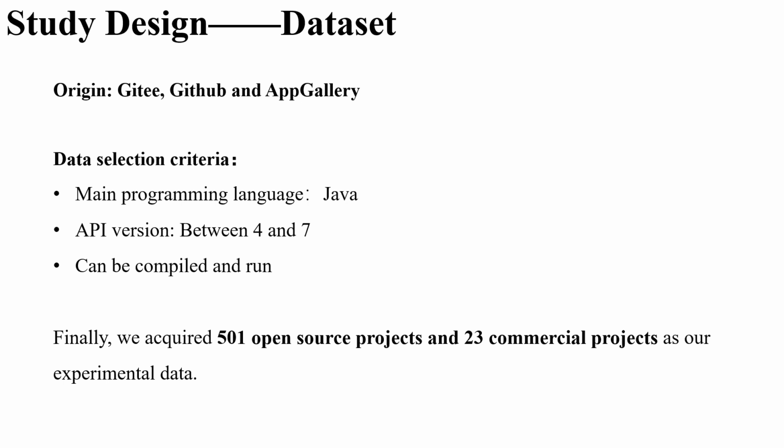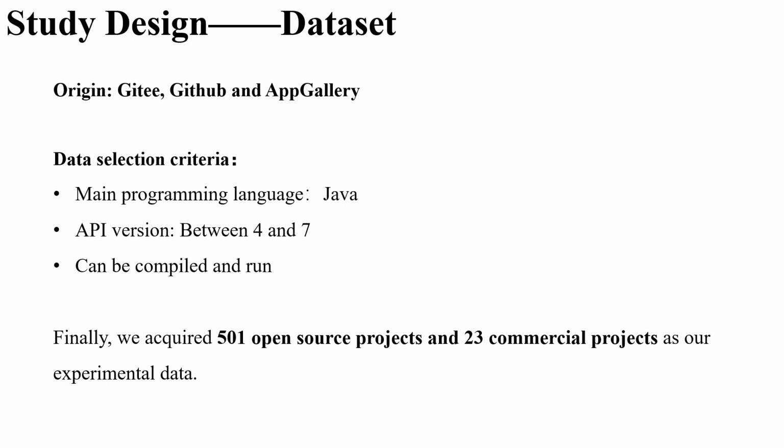The project's primary programming language should be Java. Its API version should range between 4 to 7, and these projects should be compilable and executable. Adhering to these criteria, we culled 501 open source projects and 23 commercial projects, which form the bedrock of our experiment dataset.